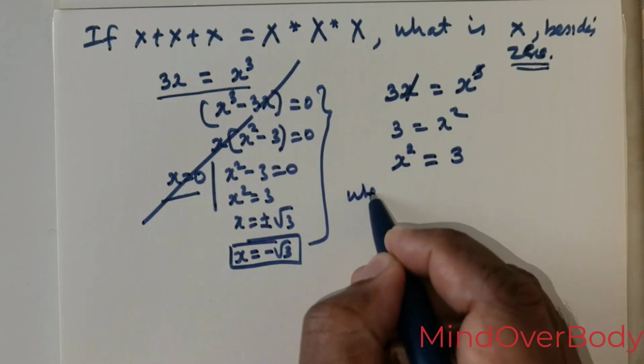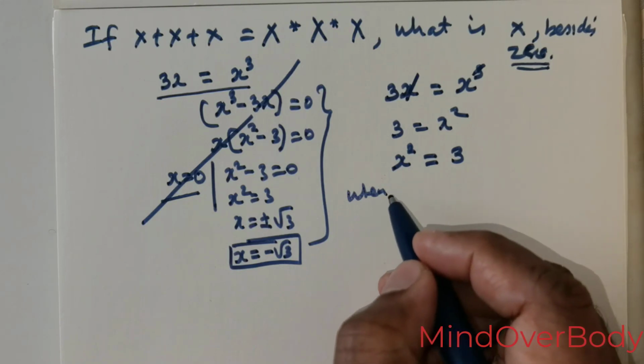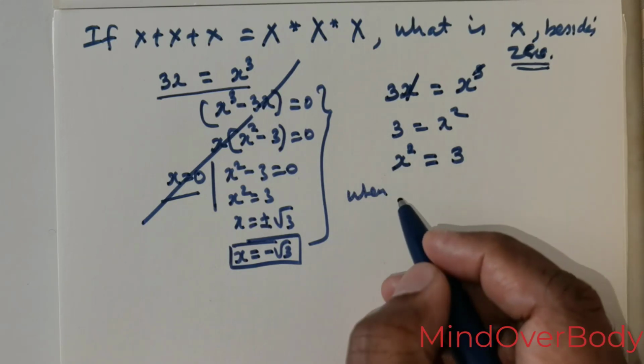Why is there a big issue? Because to get the value of x, we need to take the square root on both sides.